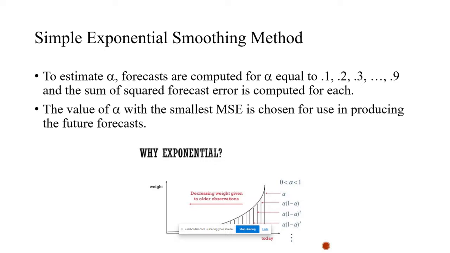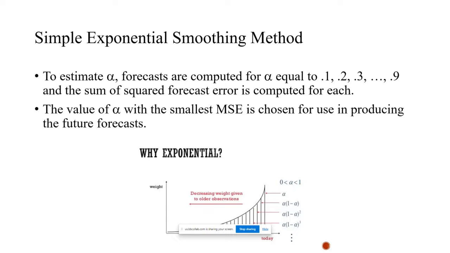To estimate the alpha, the smoothing constant, forecasts are computed for alpha equal to 0.1, 0.2, 0.3, all the way to 0.9. And the sum of the squared errors is computed for each. The value of alpha with the smallest mean squared error is chosen in producing the future forecasts.